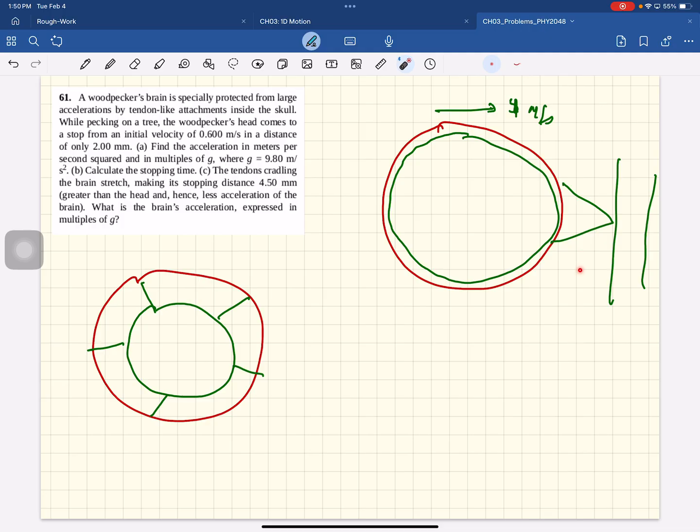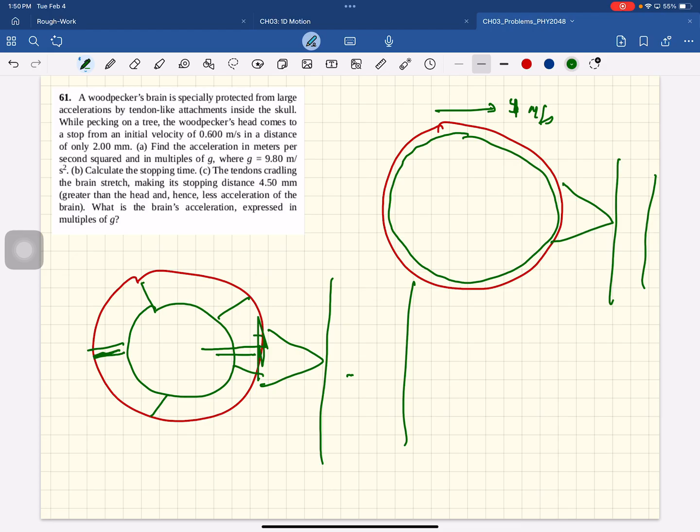So how did nature solve this problem? Eventually this evolved. These rubber bands, how does this solve the problem? Now let's get this woodpecker to peck on that tree. The skull stops, and this brain is trying to go hit the skull, except that these pull back on it and slow it down.